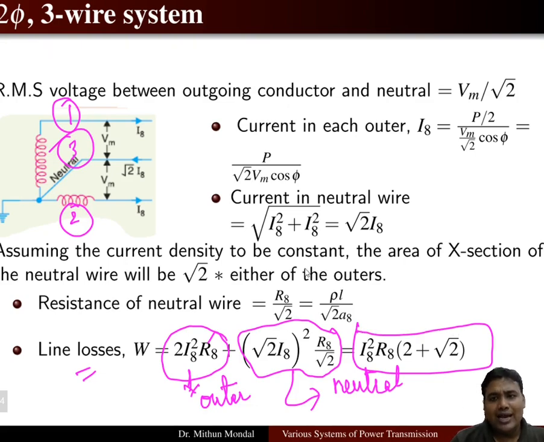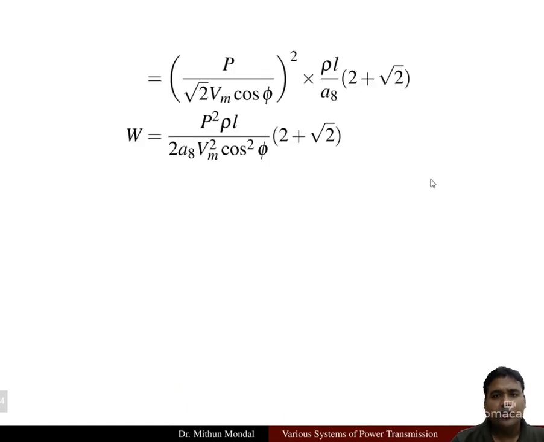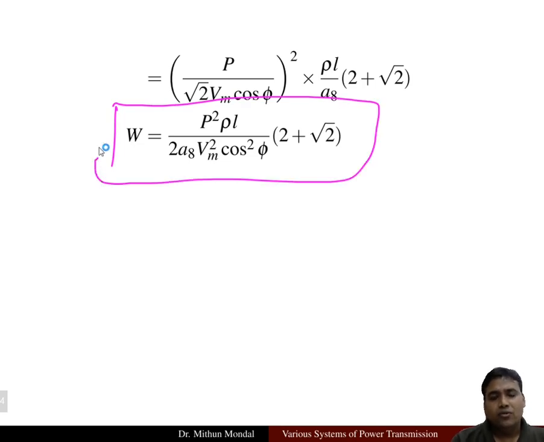Now we have to substitute the value of I8 that we have got in this equation. So we substitute and then we are getting the value of W as this. Okay, we are getting the losses as this. Then we will determine the area of the cross section A8 from this equation.